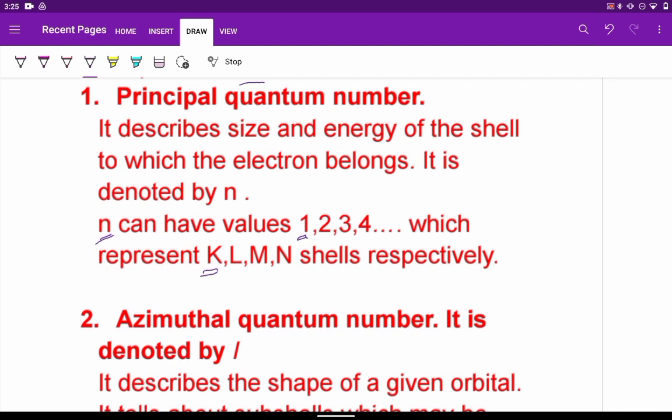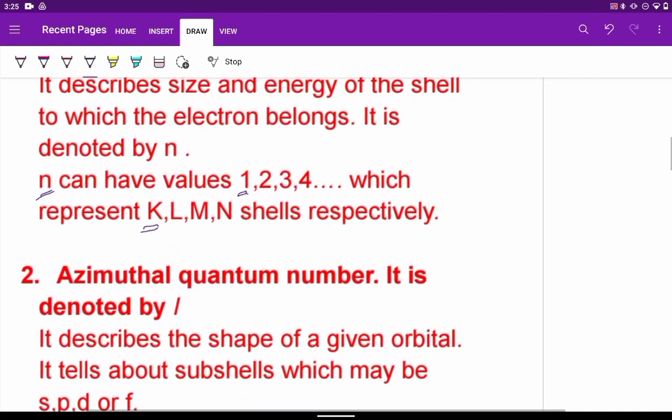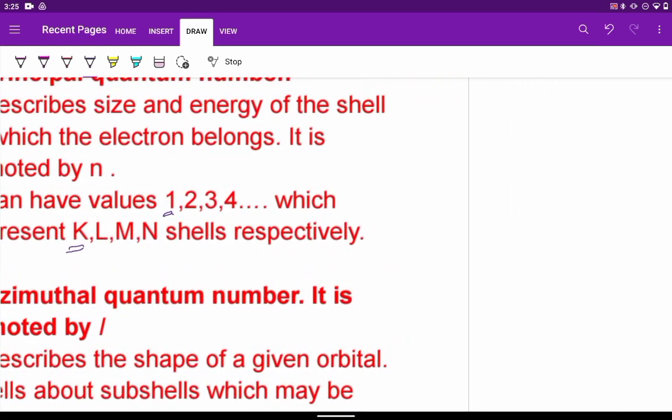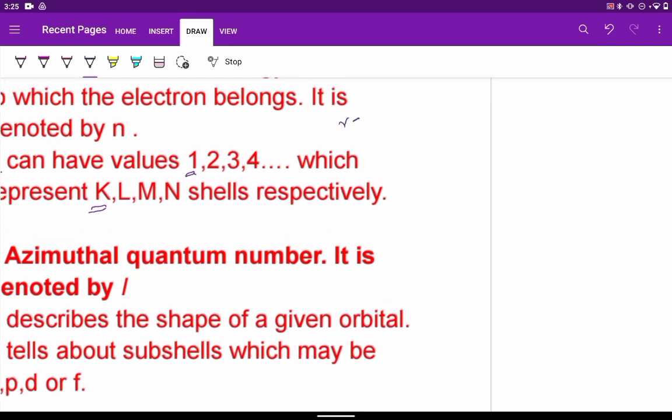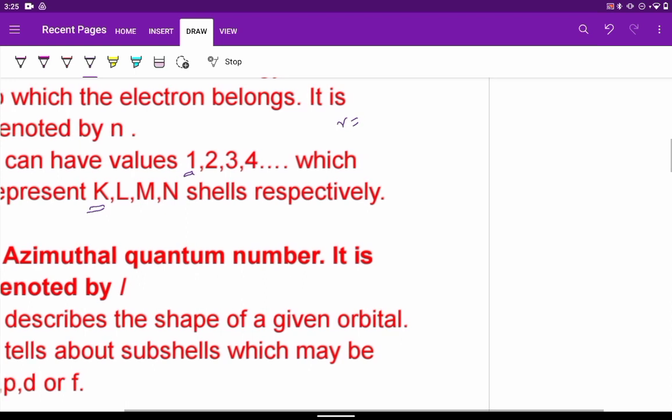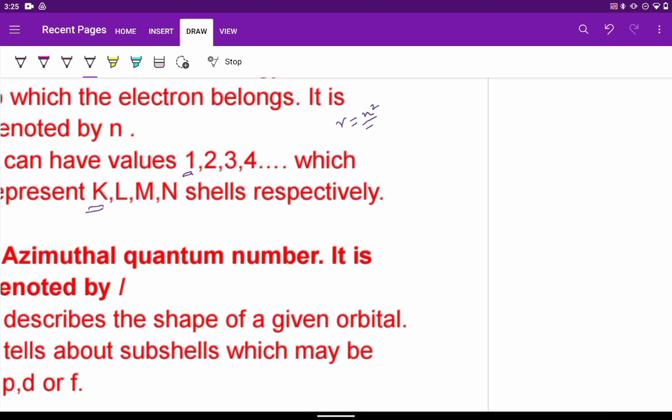This we can explain with the help of this formula: r = n²/Z × 0.529, for which the unit will be angstrom. So as the value of n increases, greater will be the distance of the shell from the nucleus.